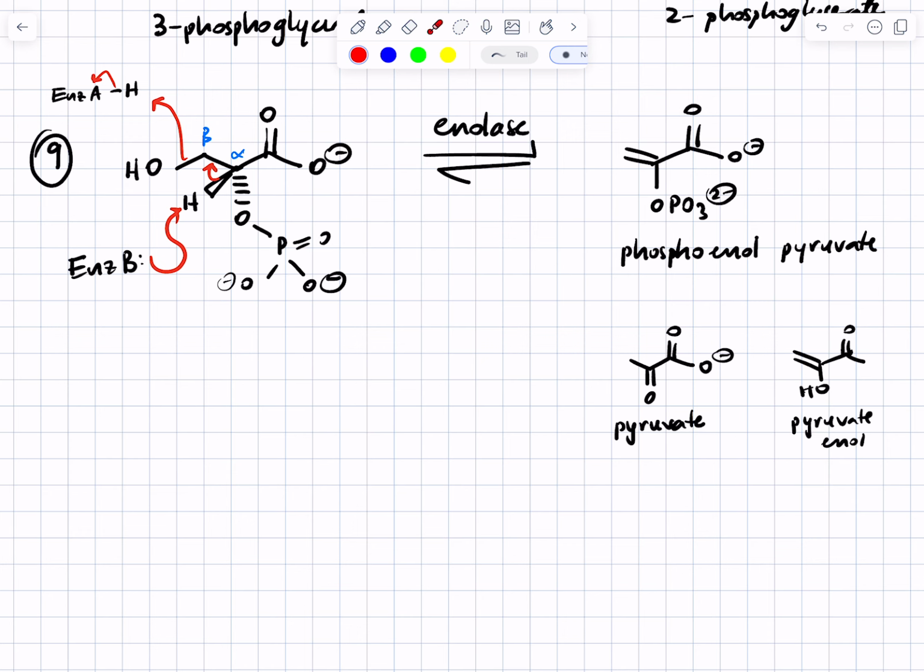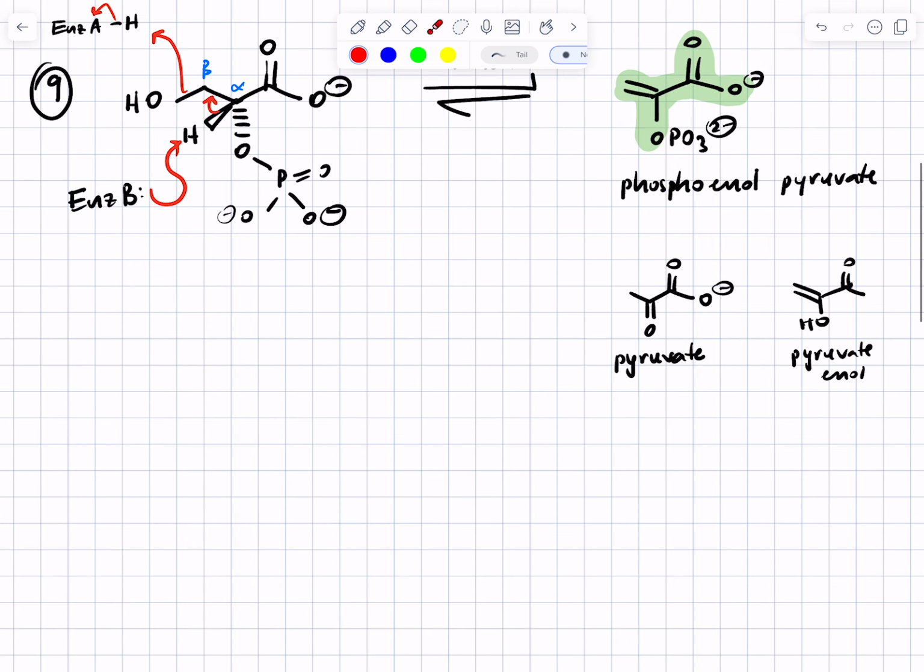And the reason we can do this is that the thing that's attached to the phosphoester is a decent leaving group. And it's hard to see why until you remember that the thing that leaves could, by proton transfer, become this more stable pyruvate form.